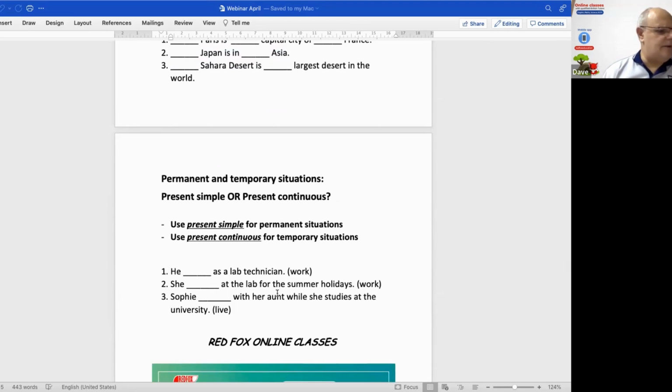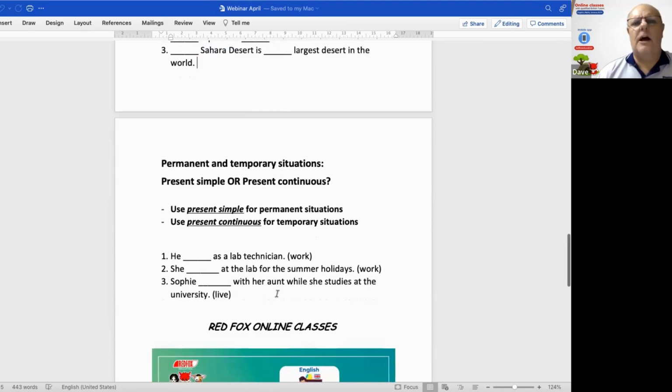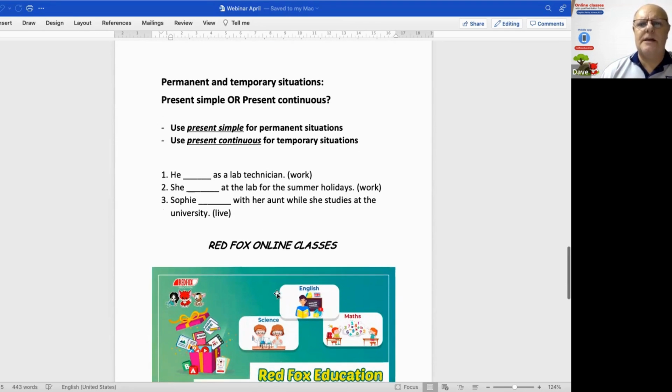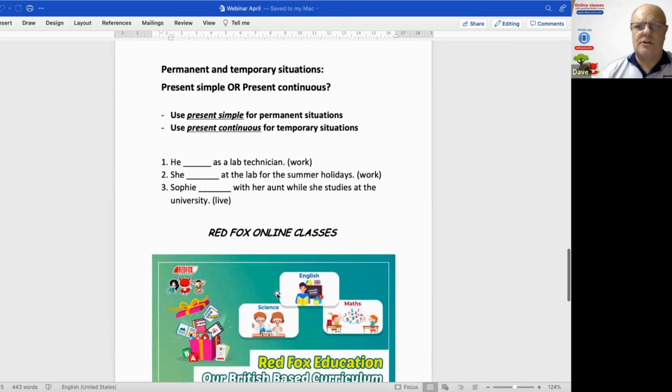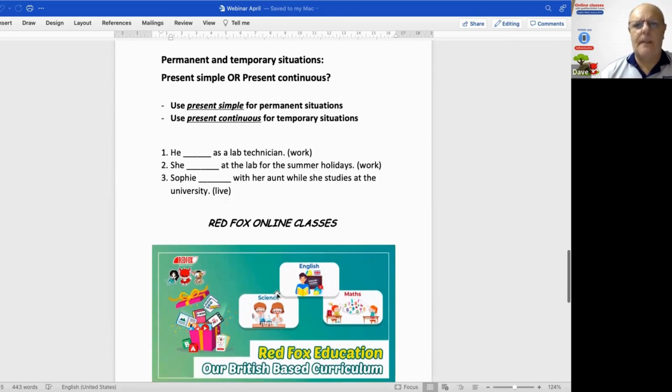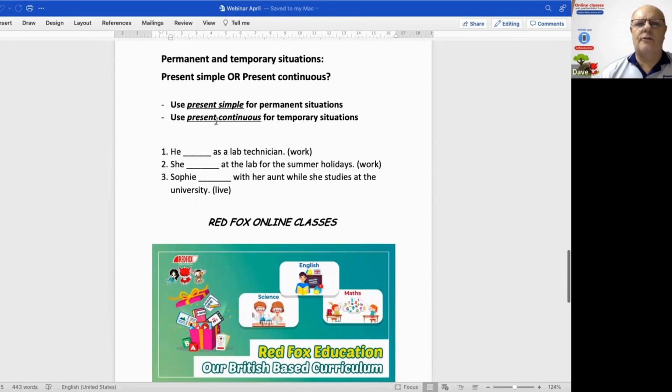Probably our final point, this last one we've got time for. Our final point is permanent and temporary situations and whether we need present simple or present continuous. And here are our rules. We need present simple for permanent situations, but we use present continuous for temporary situations.